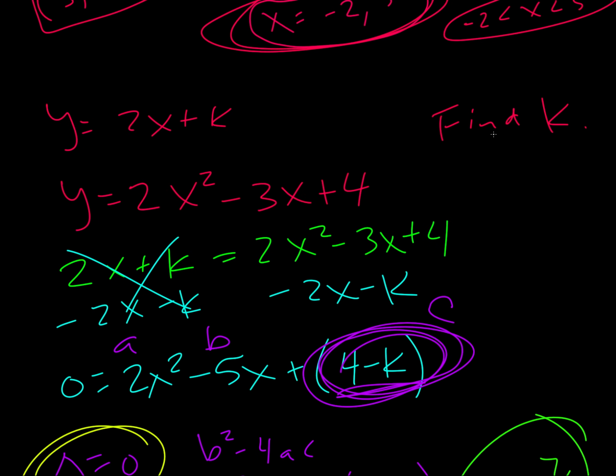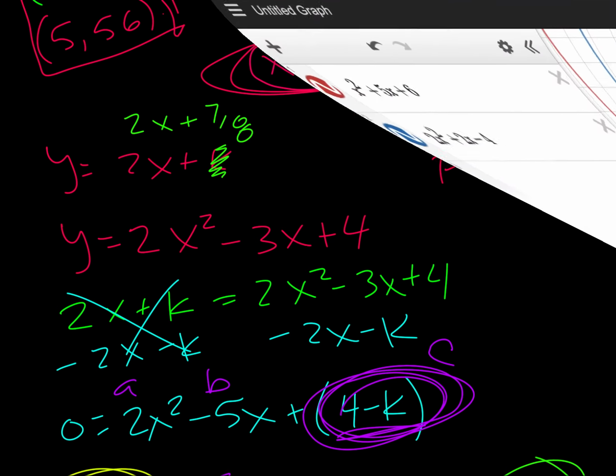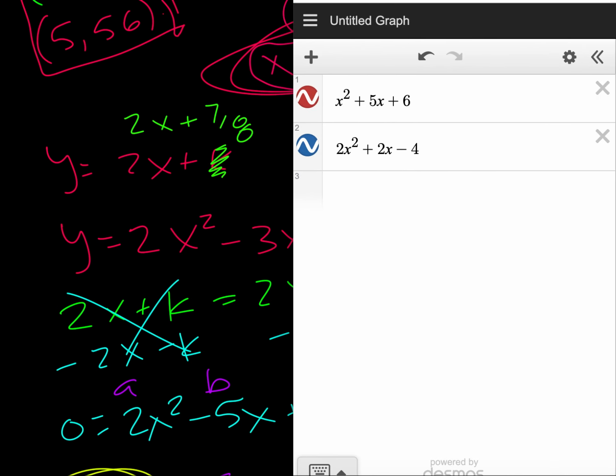So if we set k equal to 7/8, meaning this becomes 2x plus 7/8, then these two will be tangent. And so let's just look at that to double check that that really is true.